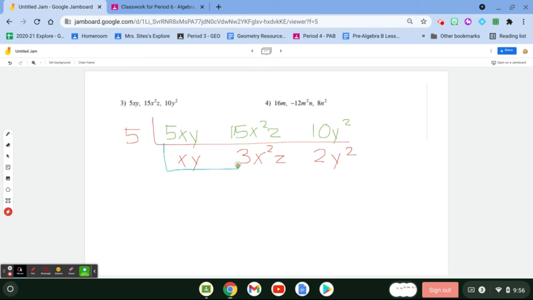Okay, x's. Now, this is what I was talking about. With the x's, you have an x in common to both the first term and the second term, but you don't have anything in that last term that it's common with. Technically, with greatest common factor, we would be done right now. But because it's least common multiple, we can actually keep on going.